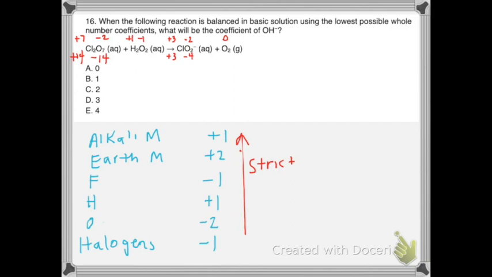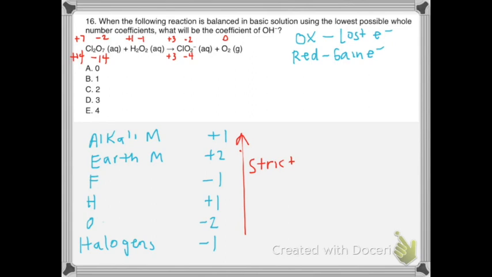Okay, so now we've assigned oxidation numbers. And we need to decide what's being oxidized and what's being reduced. So the species that's being oxidized will have lost electrons, so it will look like it's becoming more positive. Species that's reduced would gain electrons and appear to be more negative.